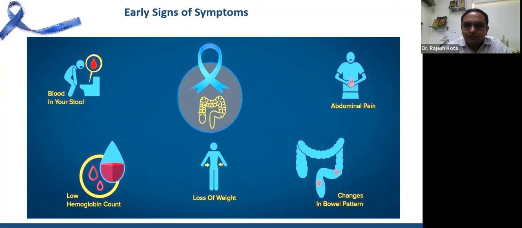If they find polyps or ulcers, they'll do a tissue testing, otherwise called a biopsy. In that, they'll know what is the cause for this blood loss. So low hemoglobin or anemia warrants a gastroenterology consultation, and if required, endoscopy and colonoscopy should be done for all adult men.